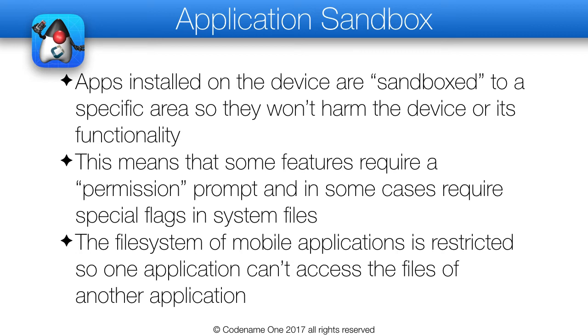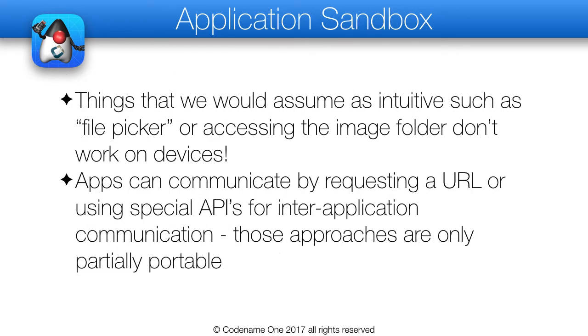And we need permissions to do all sorts of things, like access photos and cameras and things like that, which I'll discuss soon. So one common thing that people constantly ask about is file pickers, or just go to the image folder. And these sort of things just don't physically exist on devices.